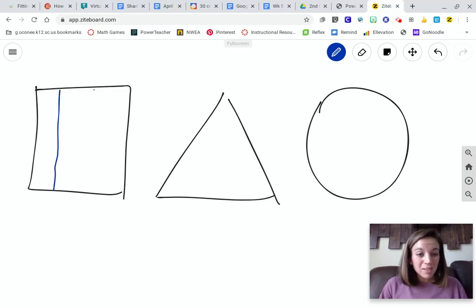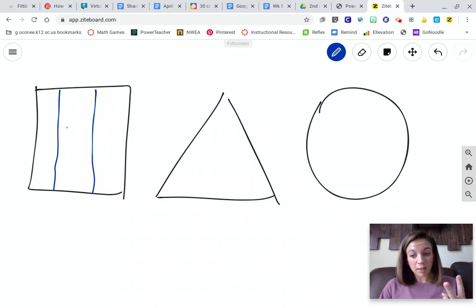Now I only drew two lines, but do you see how it gave me three parts? 1, 2, and 3. So keep in mind that when you partition something, you only have to do one less line.